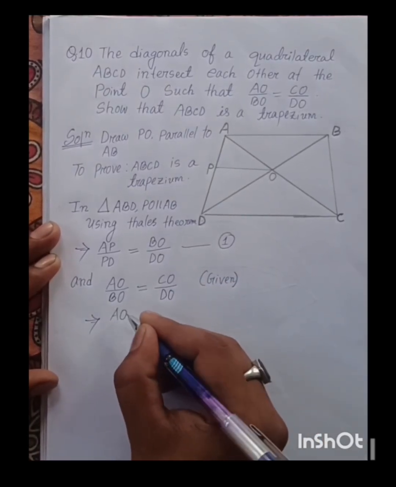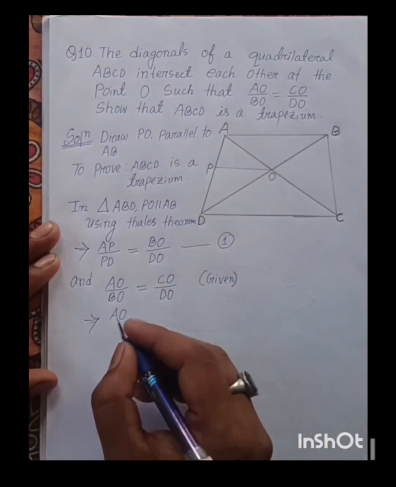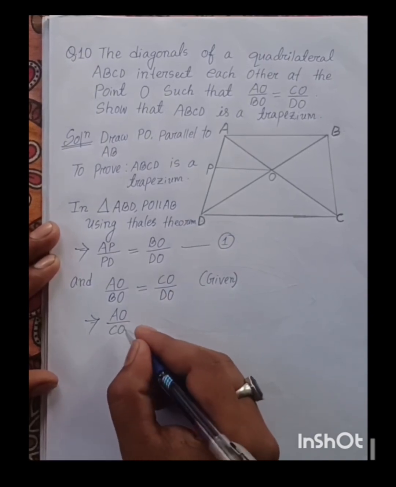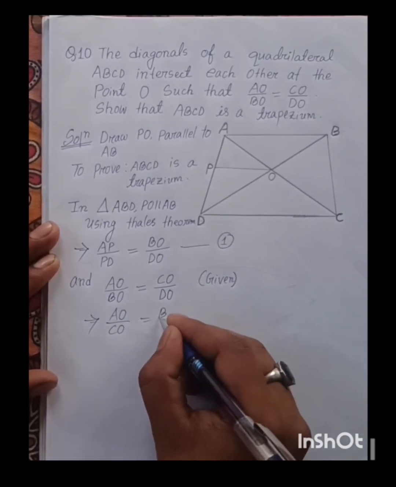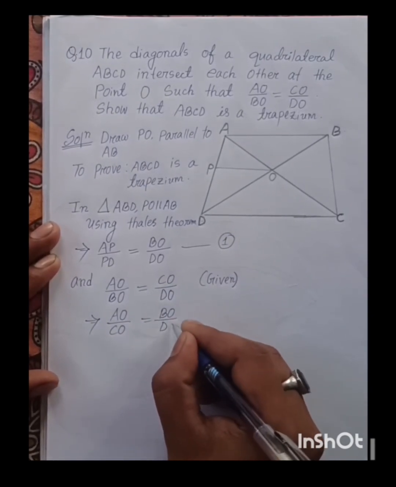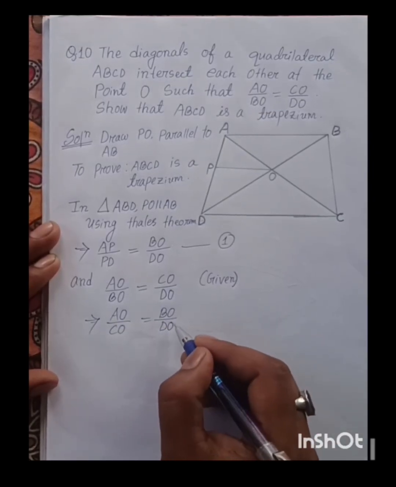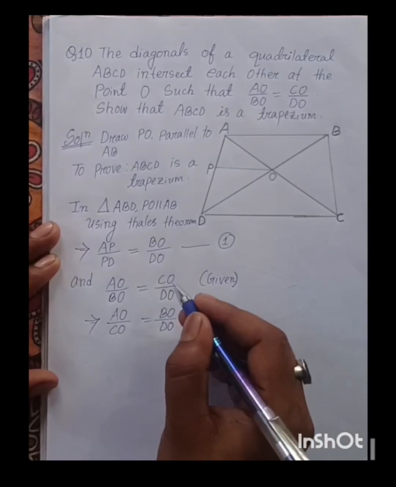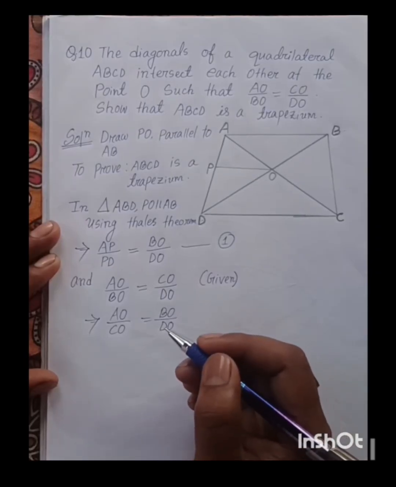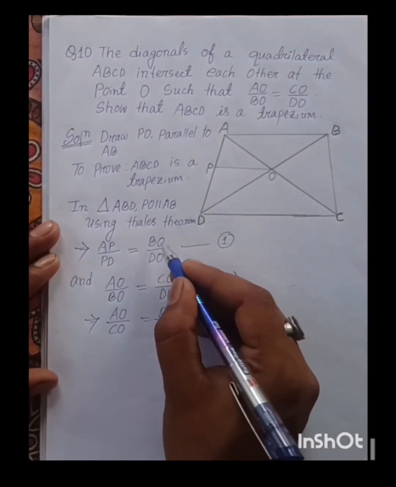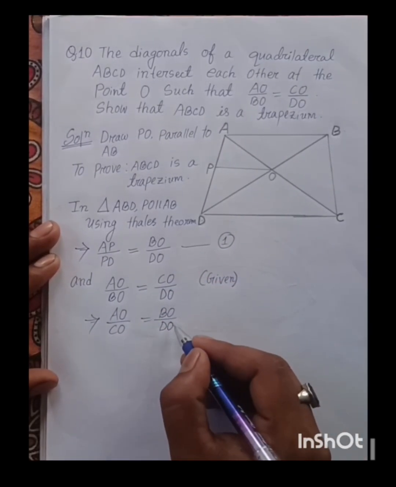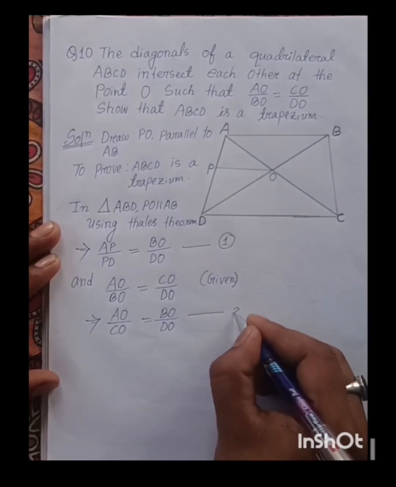I'll interchange, or I can do cross multiply also. Now AO by CO equal to BO by DO. Just I have interchanged these two. Now you compare with equation number 1. Here also we have BO by DO and here also BO by DO. So give this equation number 2.